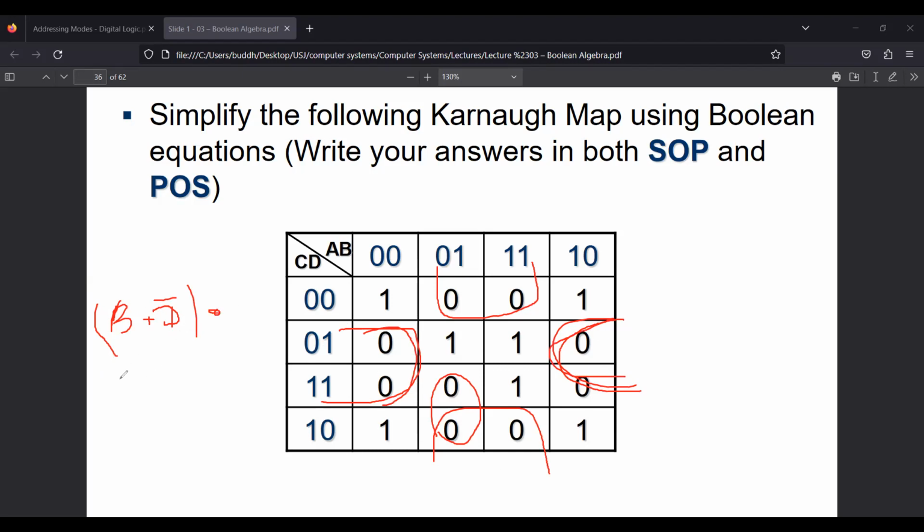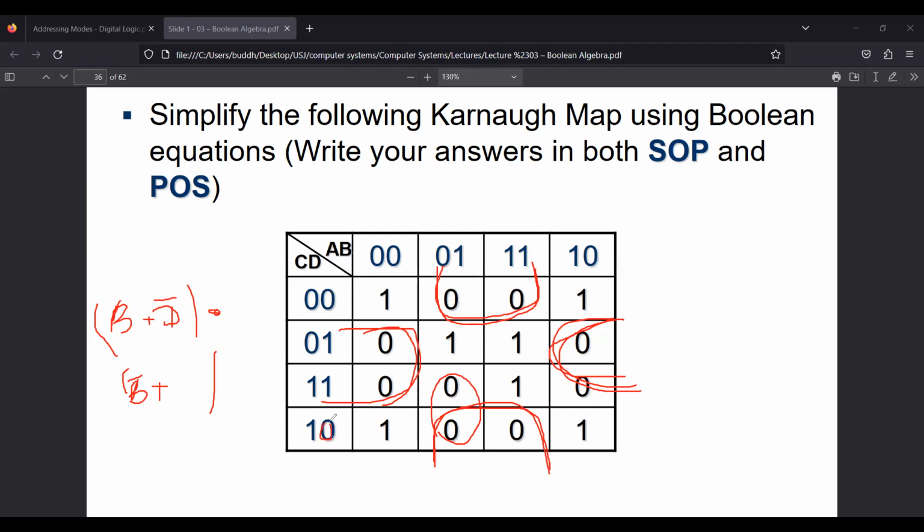And let's consider this group. So what is the not changing variable? B, right? So it is B since it is 1. And since it is POS format, so it should be B bar plus, column wise, row wise.